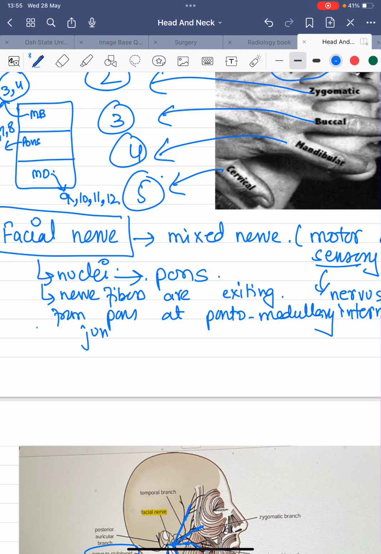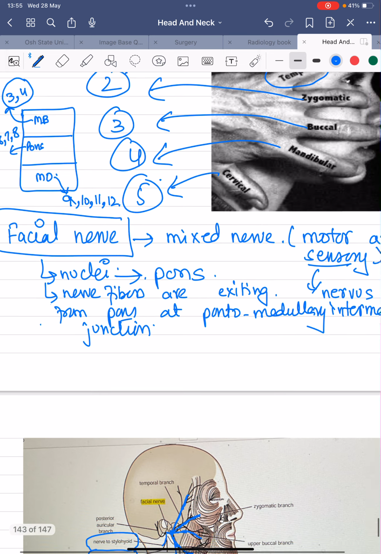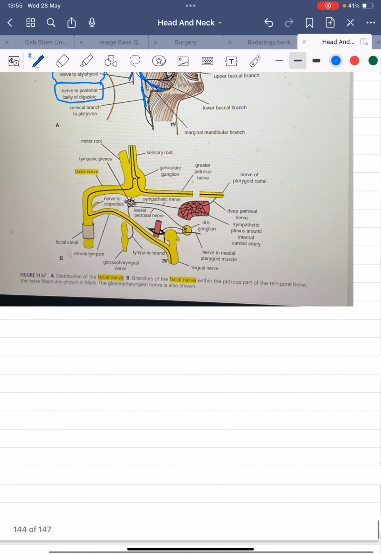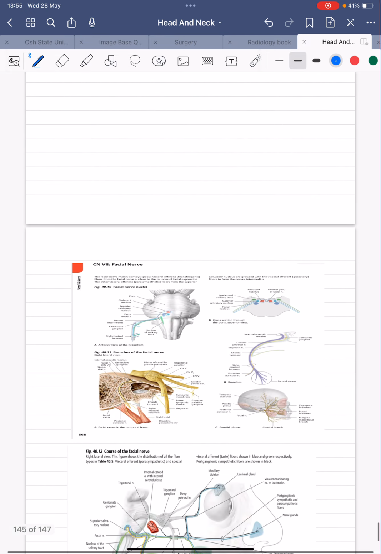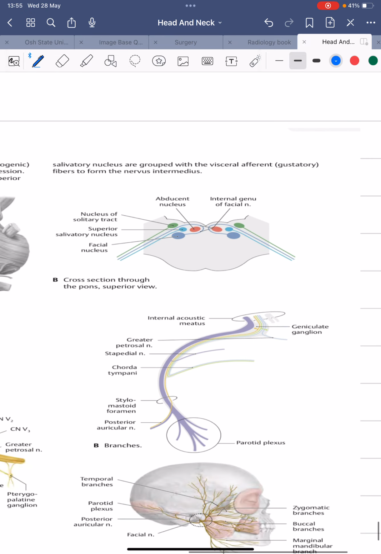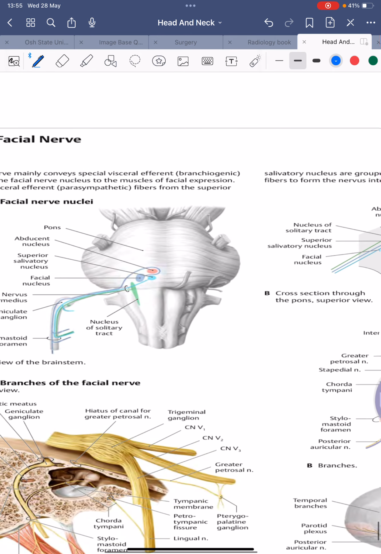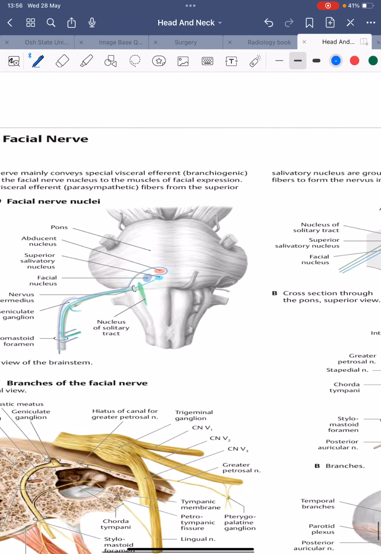Pontomedullary junction. I will show you the diagram. It is exiting at the pontomedullary junction. See here, this is the facial nerve nuclei. But see this diagram, now this is the cross section. Now see here, all students. This portion is your midbrain.